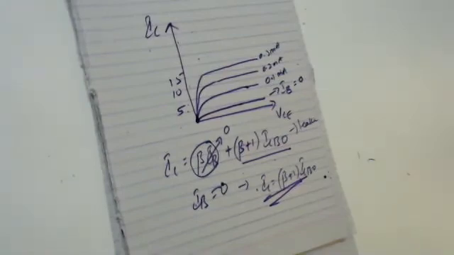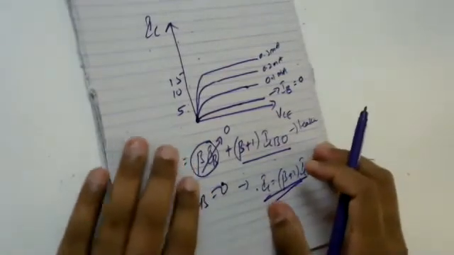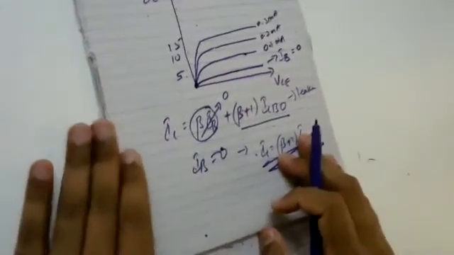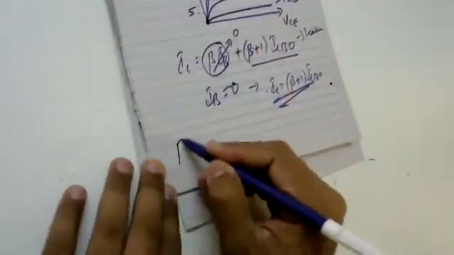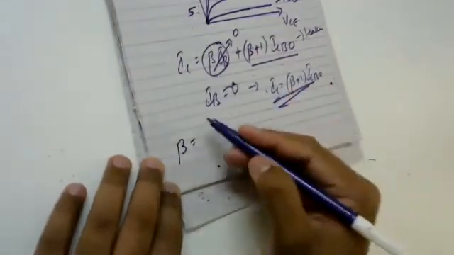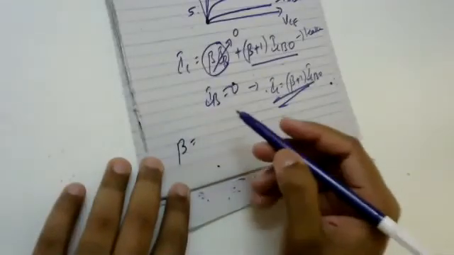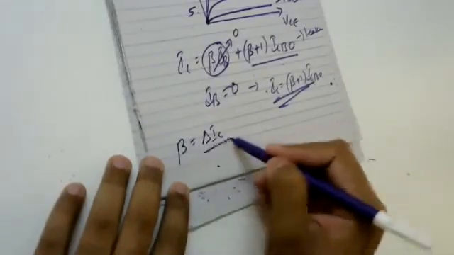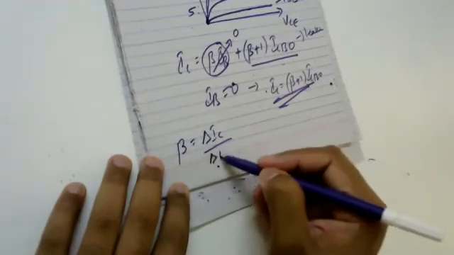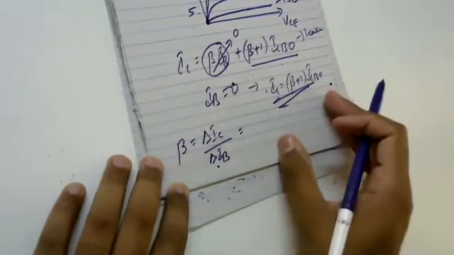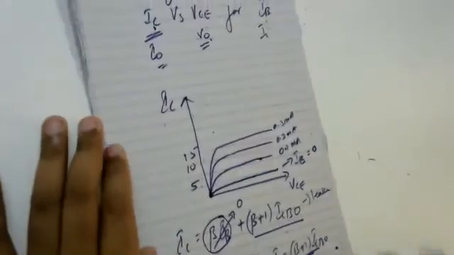Now if I just observe this response, then I can surely compute the value of beta, if I'm interested. I can compute the value of beta as change in the value of IC divided by change in the value of IB. Since it's linear in nature, I can take any value.